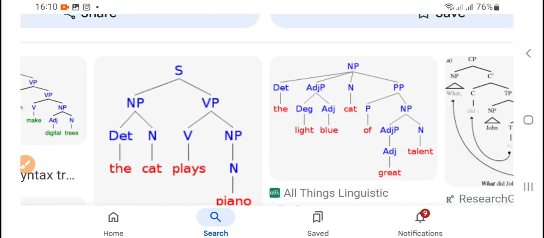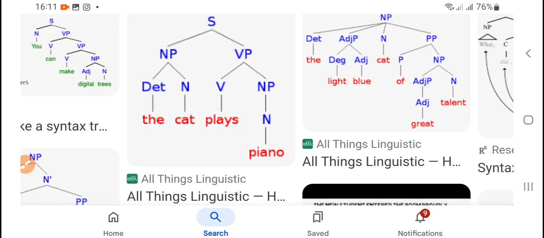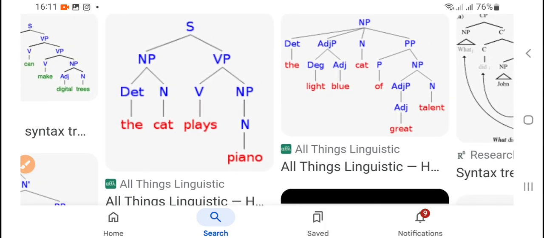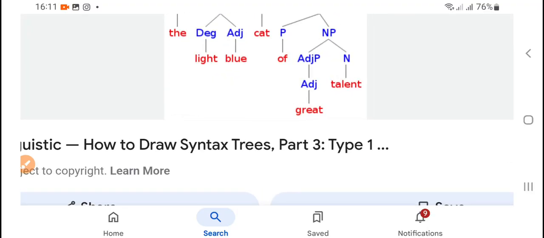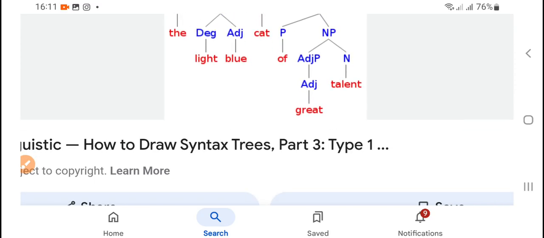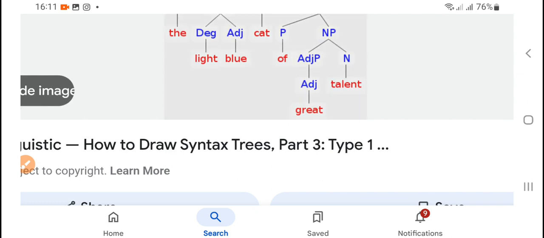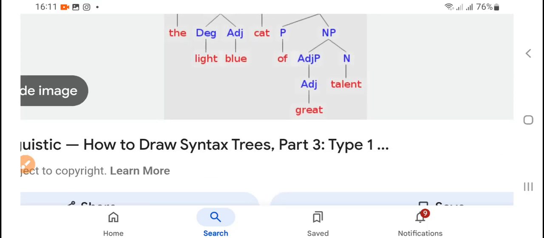Okay. Now next is that the cat plays piano. The cat plays piano, simple, right? You will be able to do it. Here let us see, the light blue cat of great talent. So that's the sentence. Yeah, noun phrase. This is a noun phrase because no verb is there.